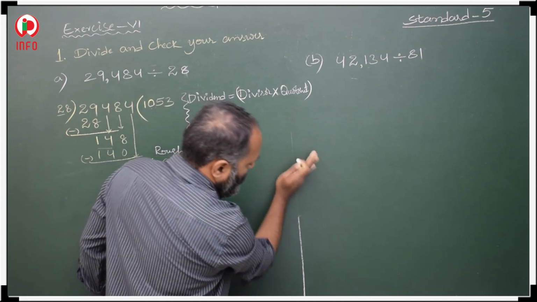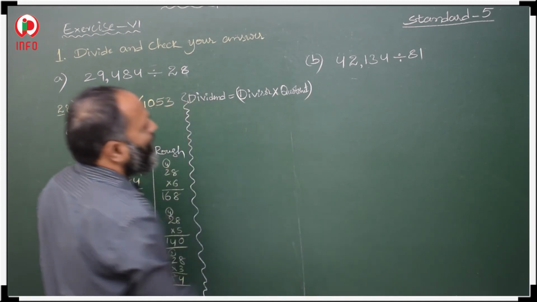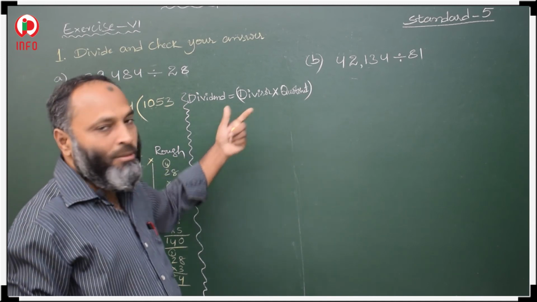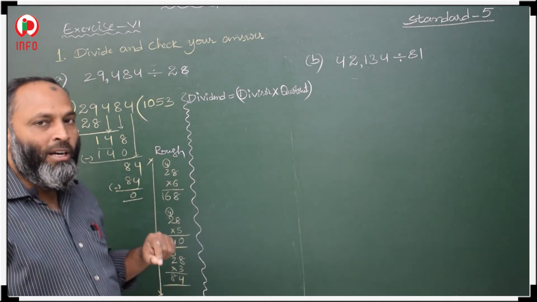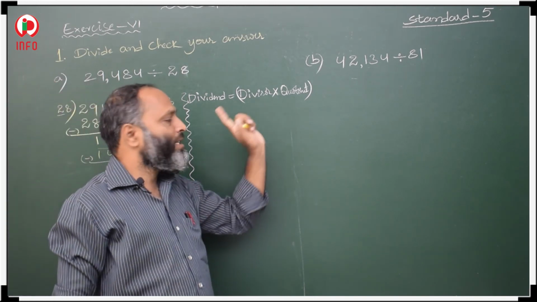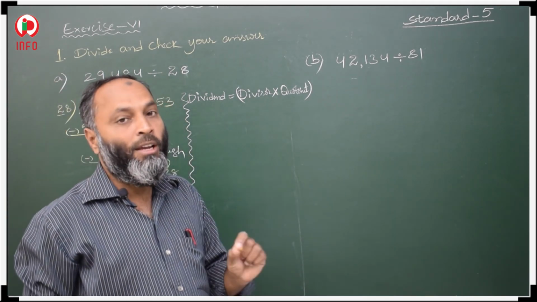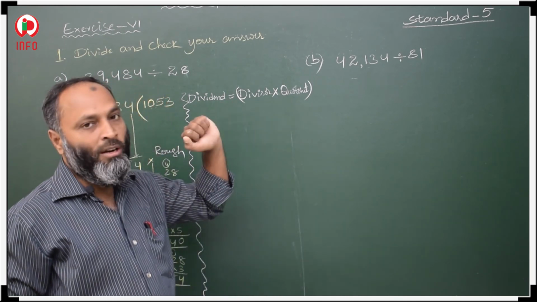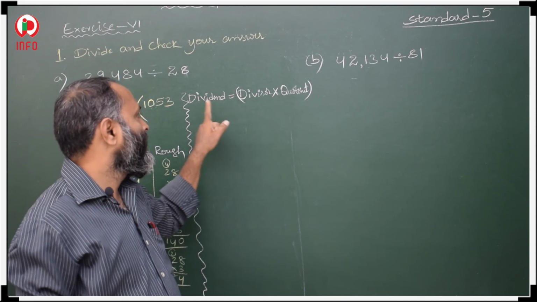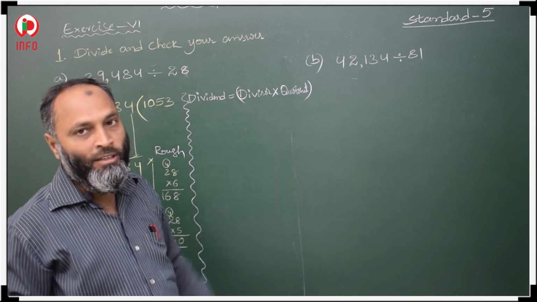That's it. No need to take remainder. Why are we not taking the remainder here? Because the remainder is 0. See, in our question the remainder is 0. Whenever the remainder is 0, we use this formula; this is enough. Only if the remainder is 0 you have to use this formula: dividend is equal to divisor into quotient.